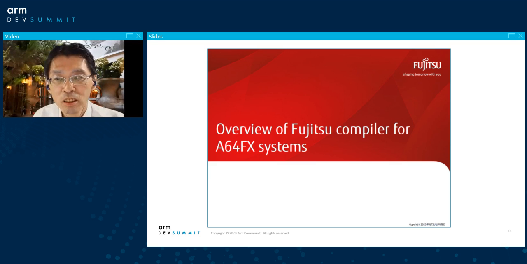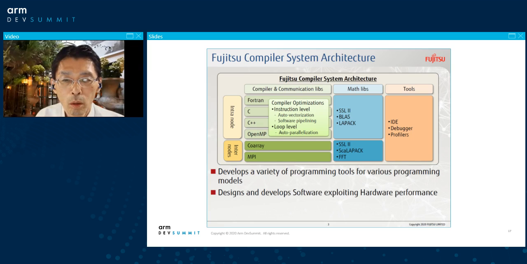The next topic is an overview of the Fujitsu compiler for A64FX systems. So, here is a picture of the Fujitsu compiler system architecture. The Fujitsu compiler supports the languages Fortran, C, C++, and OpenMP, and internally does instruction level parallelization and loop level optimization.